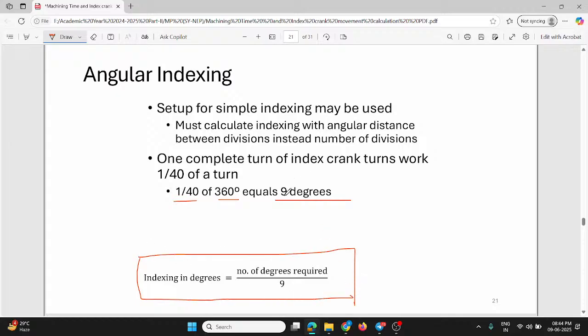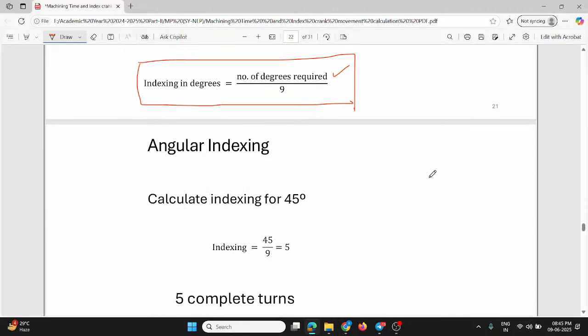From where has the 9 come? There are 40 teeth on the spindle, and total rotation is 360 degrees. So we get 9, and the index crank movement in degrees is equal to the number of degrees required divided by 9. By using the same formula, we can calculate the index crank movement.